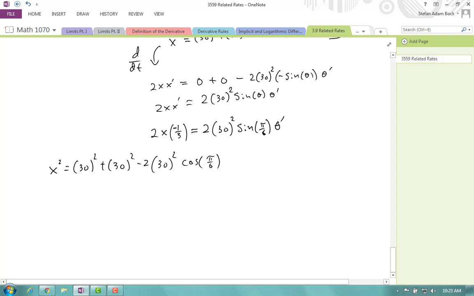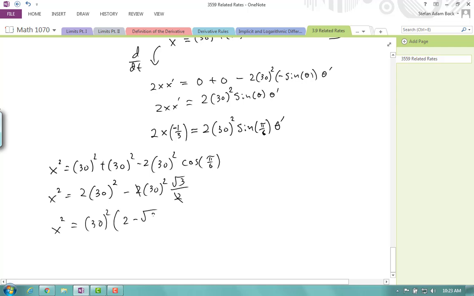Cosine of pi over 6 is the square root of 3 divided by 2. So x squared is equal to 2 times 30 squared minus 2 times 30 squared multiplied by root 3 over 2. So x squared is equal to, if I factor this, 30 squared times 2 minus the square root of 3.